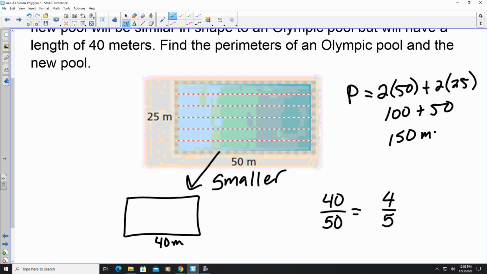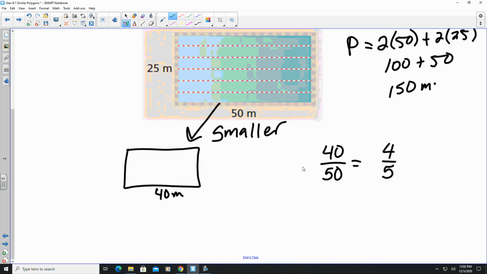So how is that helpful? Well, we know that the perimeter of our Olympic pool is 150 meters. We know it is a scale factor of 4/5, and to figure out the perimeter of the new pool, we can make it x.